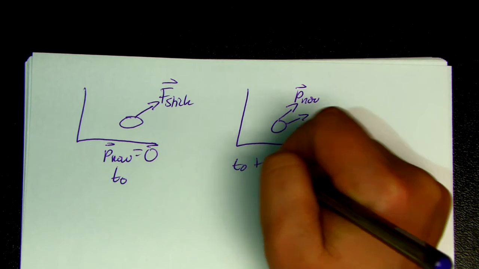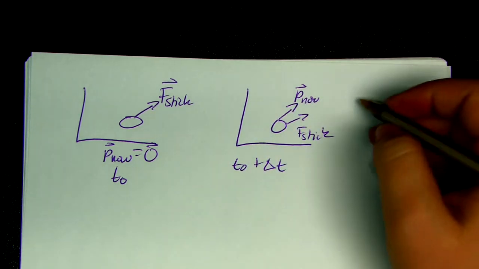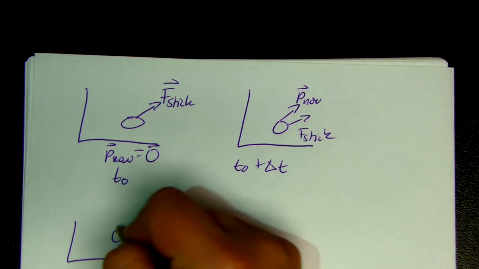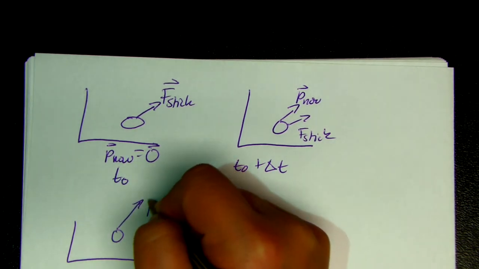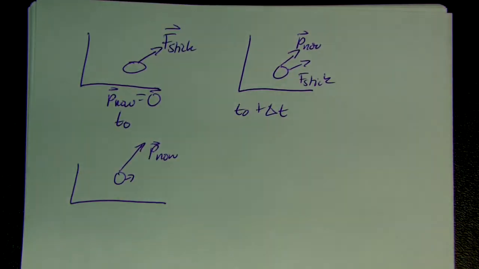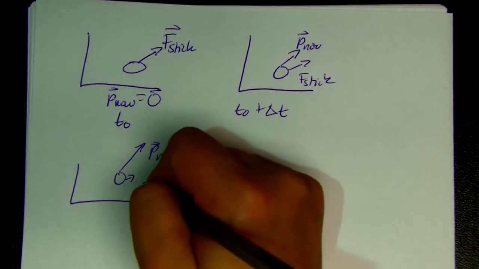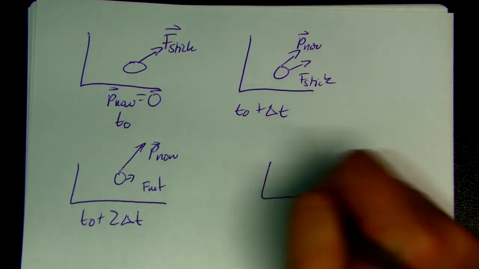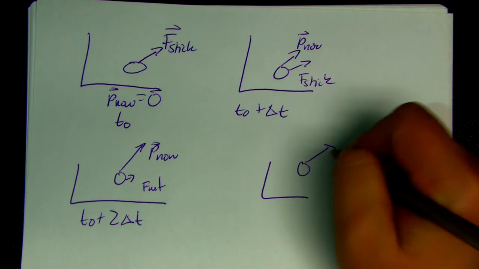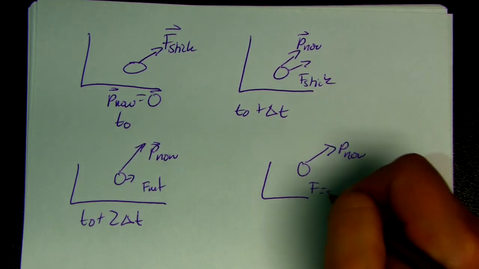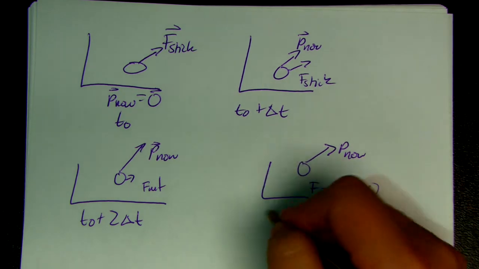This happens at t naught plus delta t, and then we would see that the momentum would really start to take off as the stick is starting to lose contact with the puck. So this is t naught plus 2 delta t, and then finally the puck now just has momentum and F stick is 0.